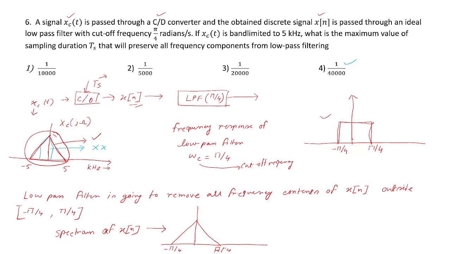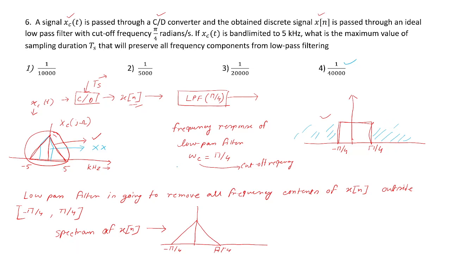So this is the design of the low pass filter, which is not going to allow any frequency in this shaded region. It will only allow the frequencies inside this box, that is from minus pi by 4 to pi by 4, and going to cut off all other frequency components. Now xc has a maximum frequency component of 5 kilohertz.